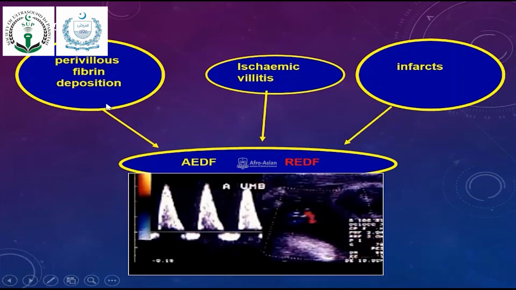Number one is there will be perivillous fibrin deposition, ischemic villitis, ischemia will occur, and infarct formations in the villi and in placental bed.